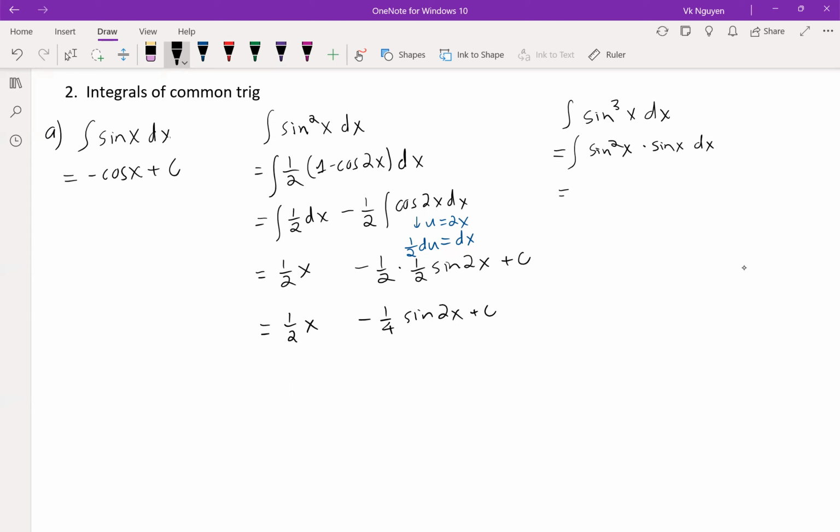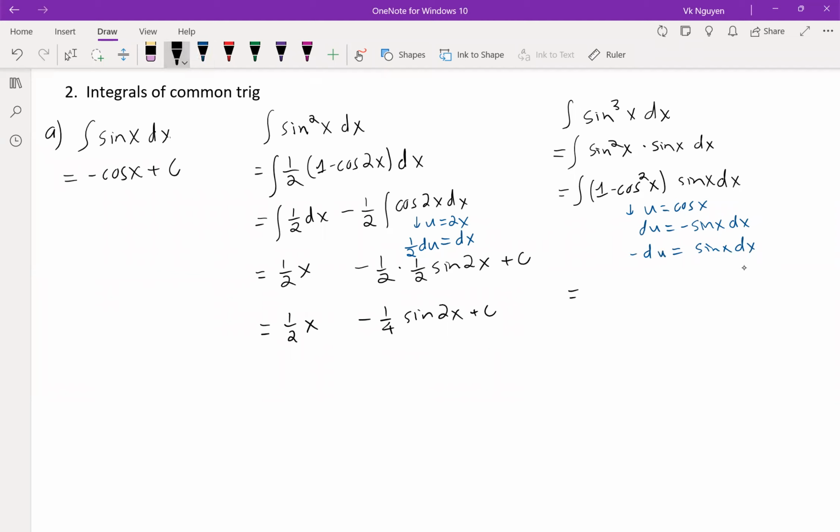So rewrite sine squared x as 1 minus cosine squared x, times sine x dx. And then from here, it is clear that u has to be cosine x. du is, no, be careful, negative sine x dx. So I mean sine x dx is negative du.